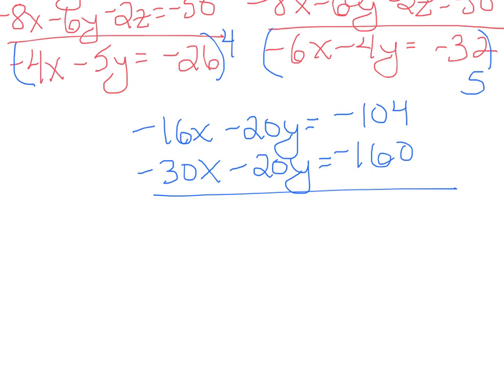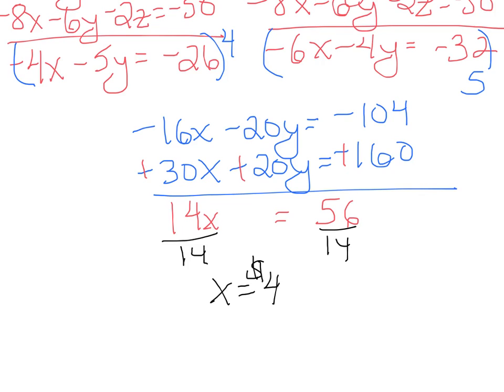So now I'm going to multiply the bottom equation by negative 1, so that when I do 30 minus 16, my answer is going to become a positive x. And then 160 minus 104, we get 56. And then as a last step, we're going to divide by 14. And we get x is $4.